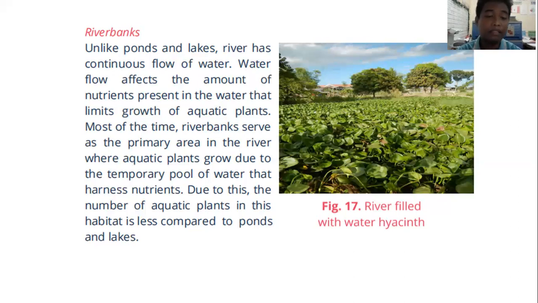Most of the time, riverbanks serve as the primary area in the river where aquatic plants grow due to the temporary pool of water that harnesses nutrients. Due to this, the number of aquatic plants in this habitat is less compared to ponds and lakes. So it means ang sa mga river banks, ang number of aquatic plants are less, mas gamay ra, compared to ponds and lakes.